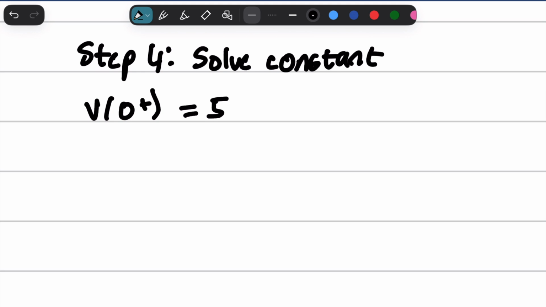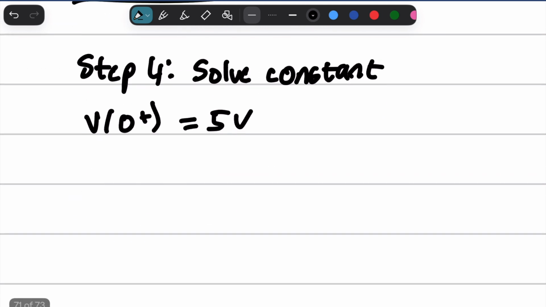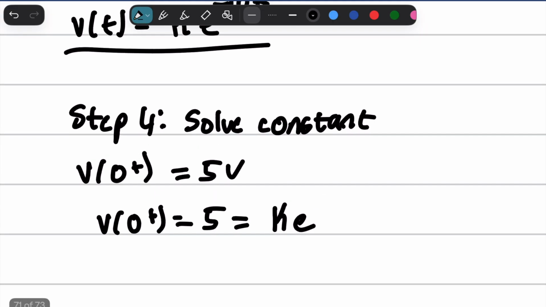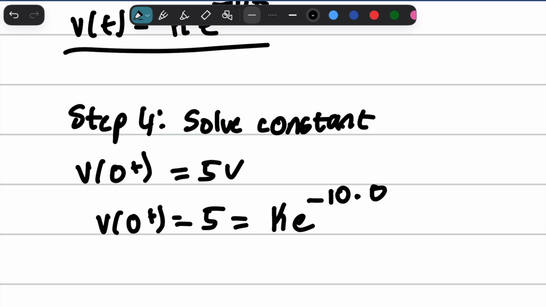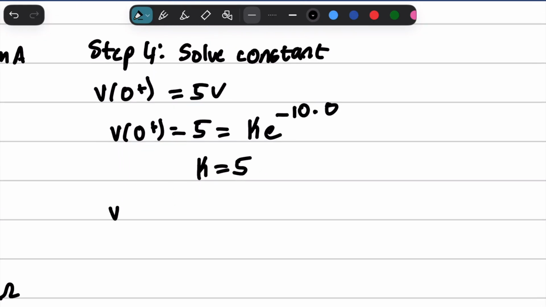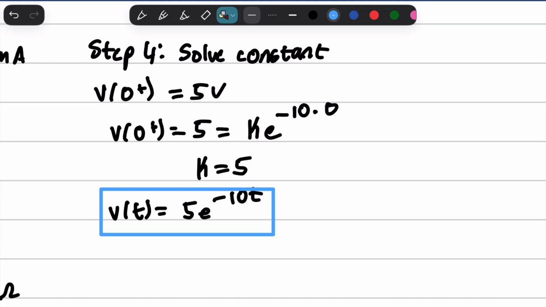And v of 0 plus is just 5 volts. So we're going to say v of 0 plus is equal to 5 is equal to k e to the negative 10 times 0, because 0 is 0 on both sides, right? And so e to the 0 is just 1, so we get k is equal to 5. And so we get v of t is equal to 5 e to the negative 10t. And this is our answer.